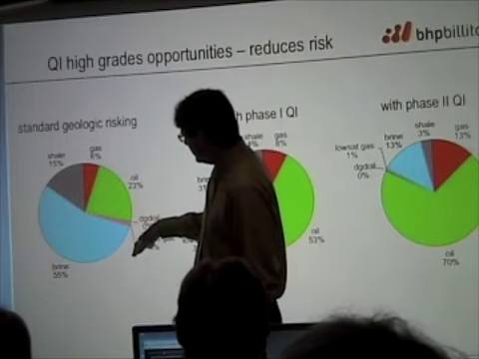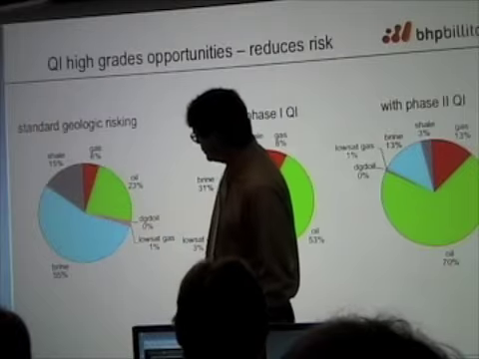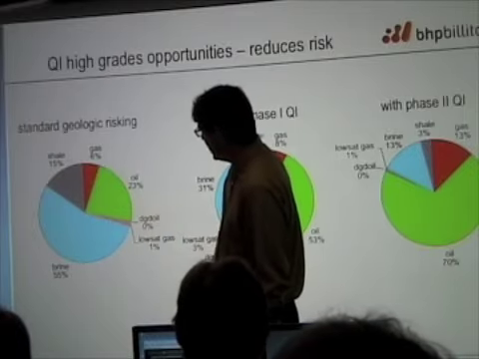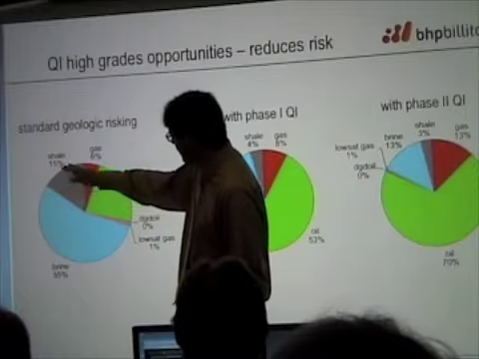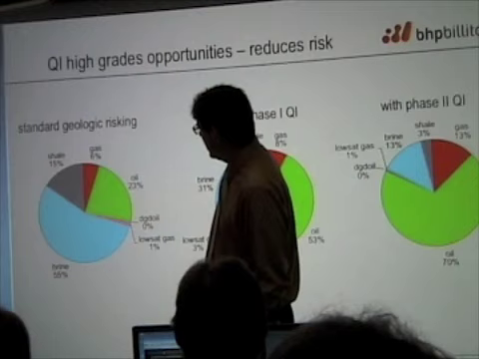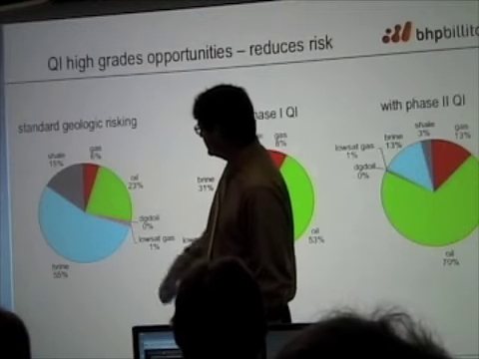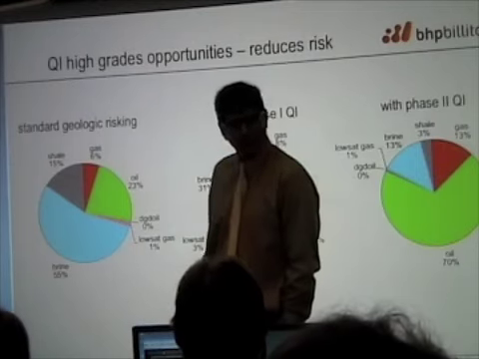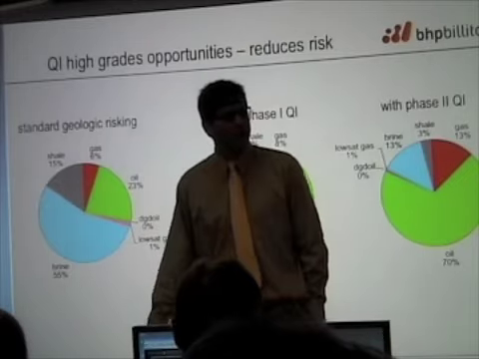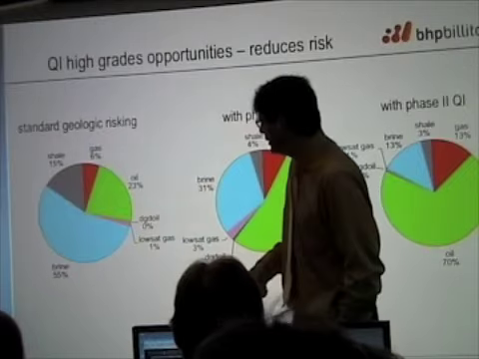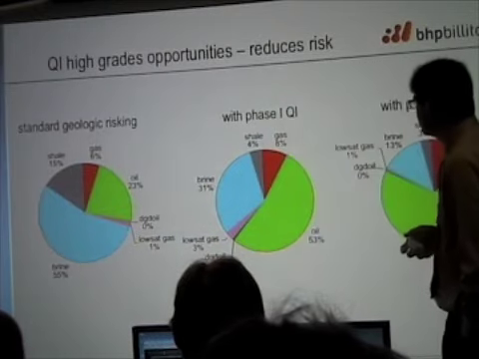And we end up dividing that between things that you care about in the end. What's the probability that you'll just find a wet sand? What's the probability you'll find a shale? What's the probability that you'll find a sand with gas in it? And obviously things that you like are gas and oil, and many times you like oil more than gas. In the Gulf of Mexico, they both have about equivalent value.